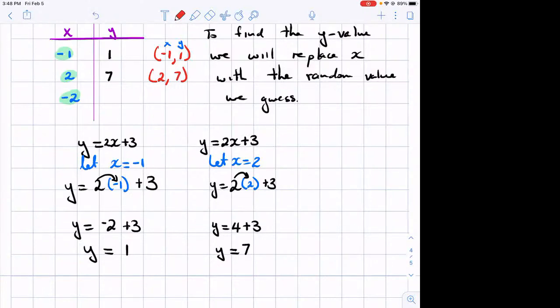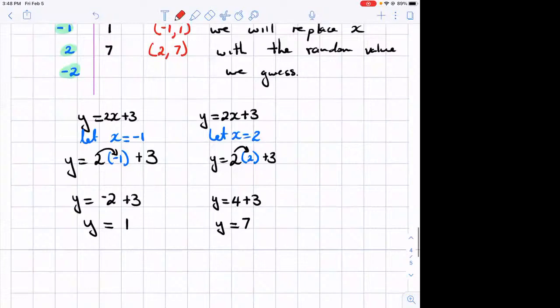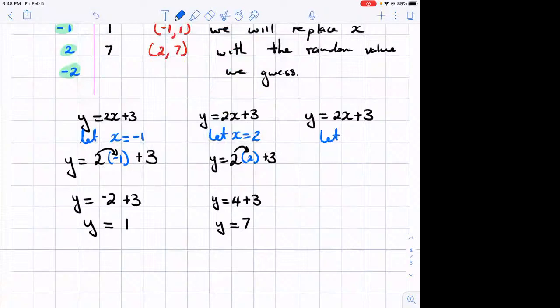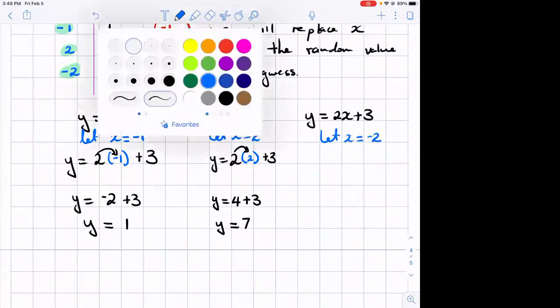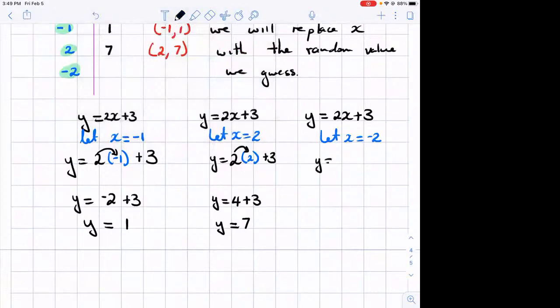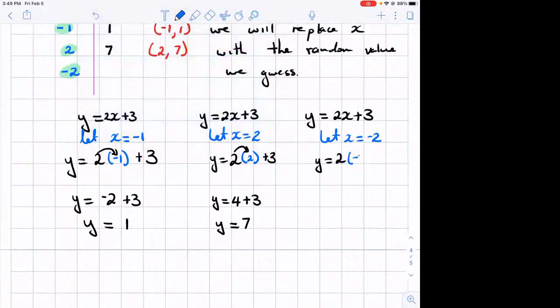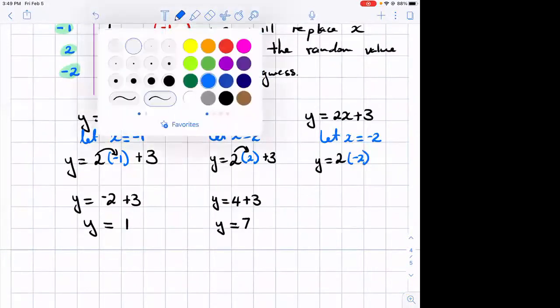And then finally, I will do the third point. y equals 2x plus 3. And now I'm going to let x equal -2. So we have y equals 2, and then I replace the x with -2, plus 3.